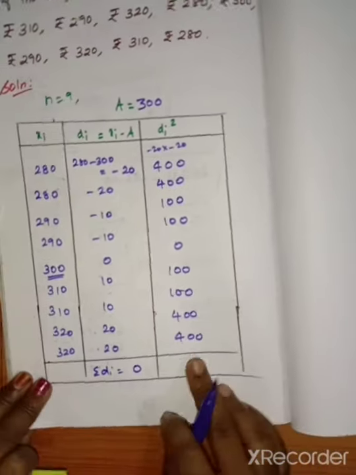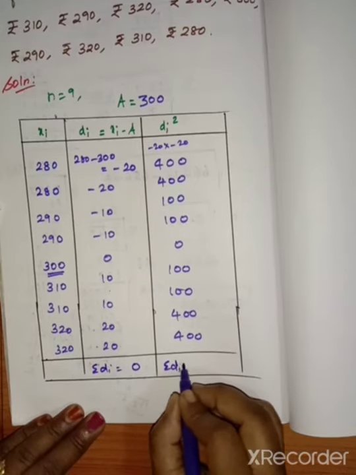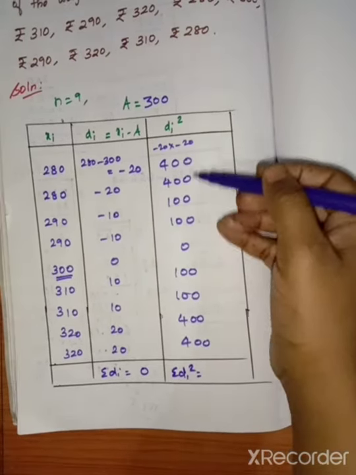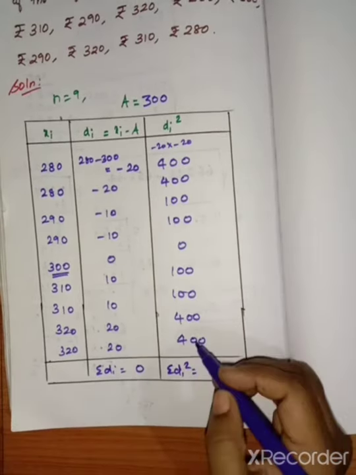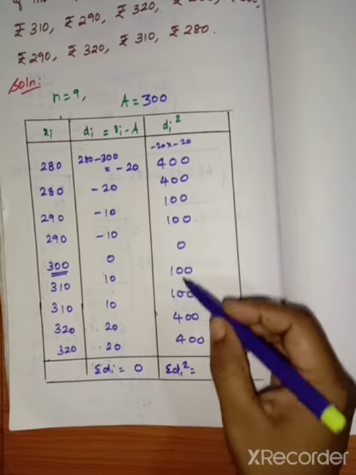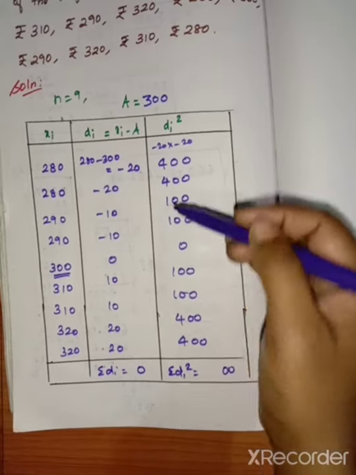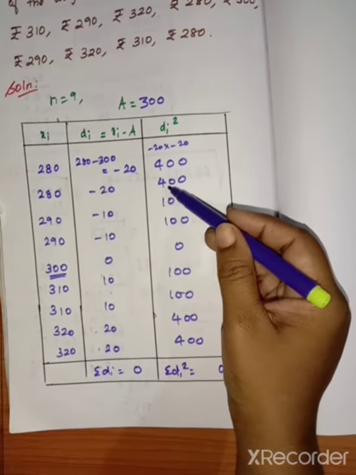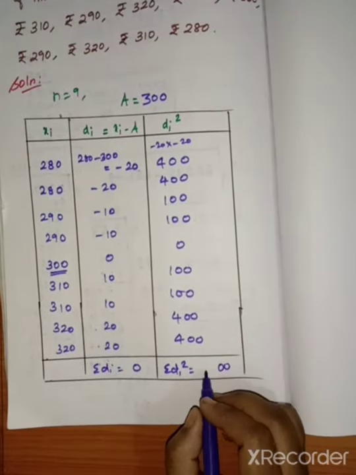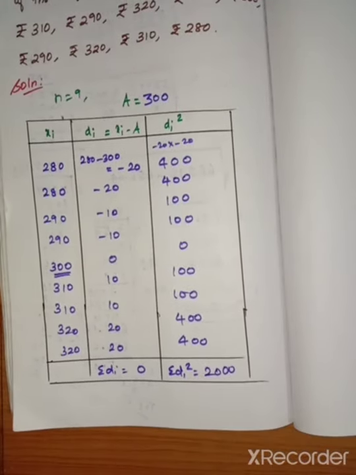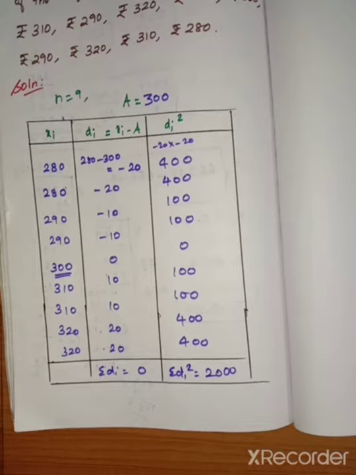Now we add summation di squared. The last two columns are zeros. Here we add 4 plus 4, 8. 8 plus 2, 10. Then here also 4 plus 4, 8. 8 plus 2, 10. So both sides are 10, 10. So 10 plus 10, 20. So the value added is 2000.